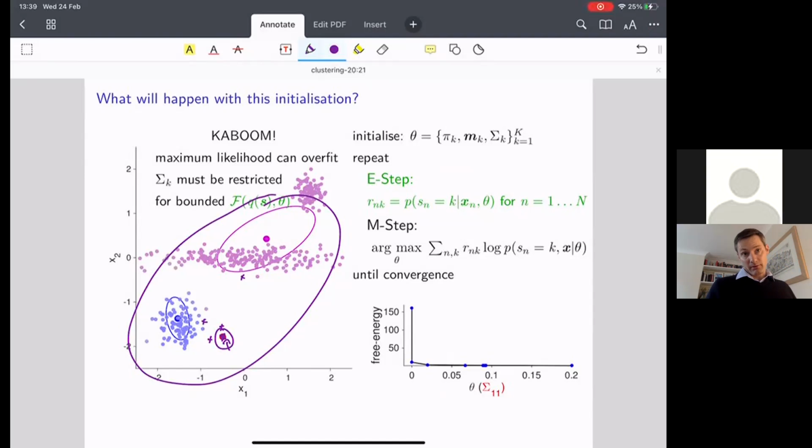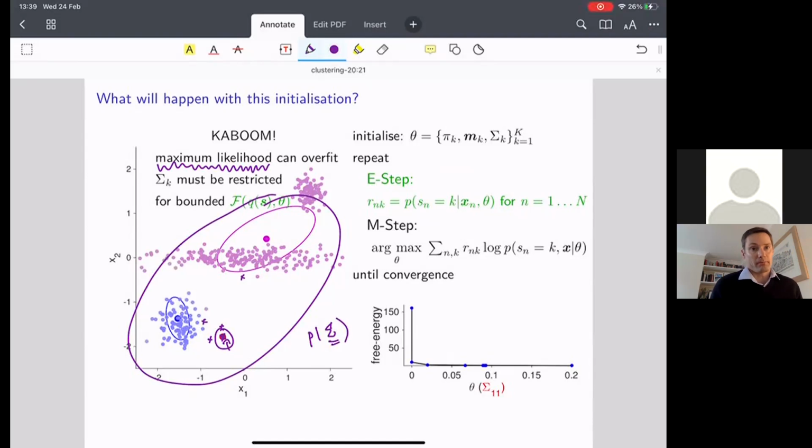So there are some fixes. The most logical fix, perhaps, is to go back and use a different method to do the fitting. So you could use a prior on the covariance matrix here, and that prior could rule out very, very small settings of the diagonal elements, so it can't shrink the variances below a certain value.